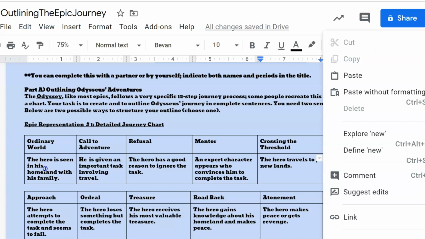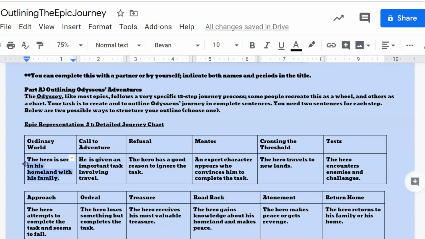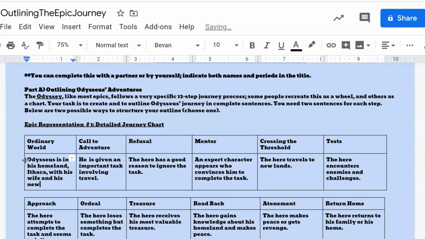So for example, if I were to talk about the ordinary world, I would erase that and I would say that Odysseus is in his homeland, Ithaca, with his wife and his newborn son.